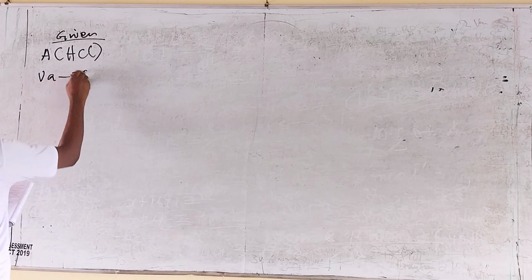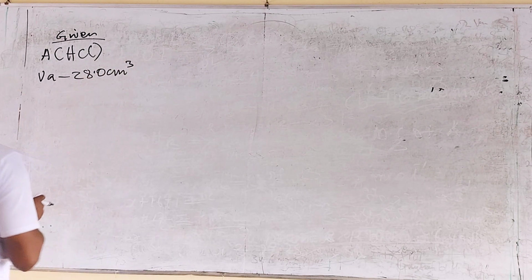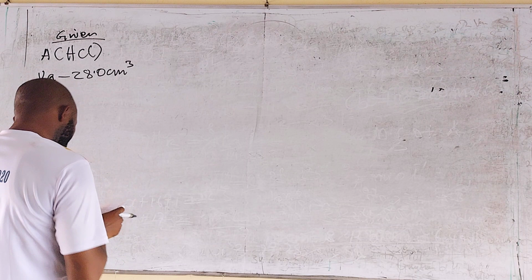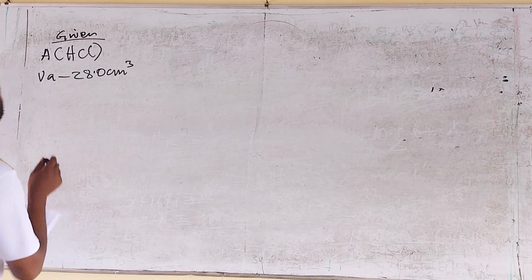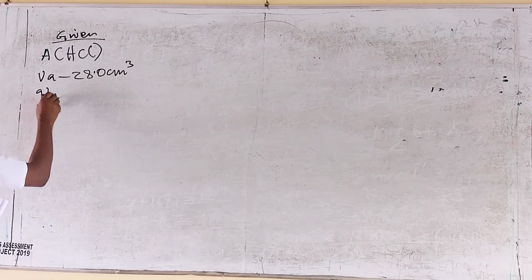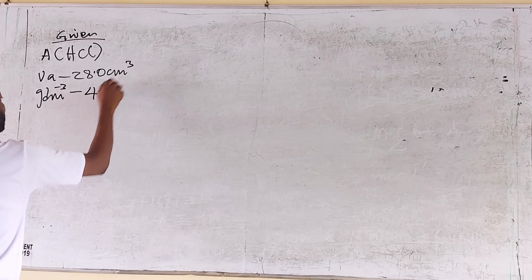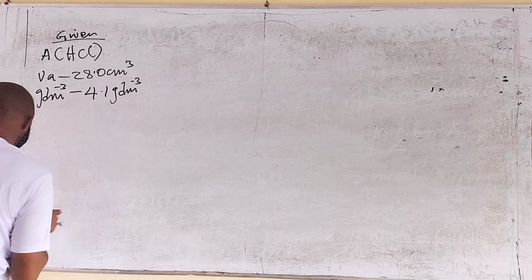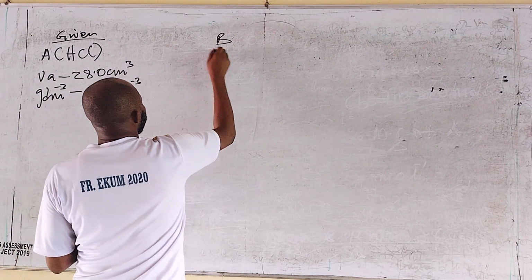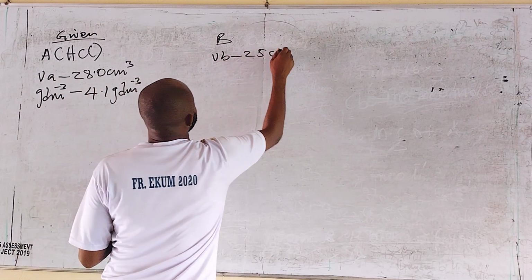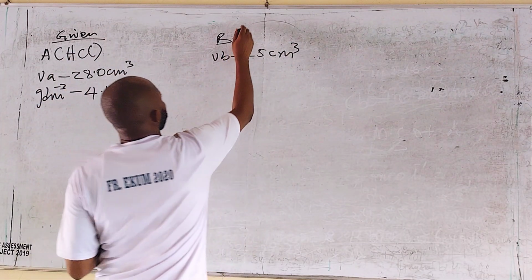Volume of acid is 28.0 cm³ of HCl with a mass concentration of 4.1 g/dm³ of the acid. It neutralizes 25 cm³ of B. Volume of the base is 25 cm³ of an unknown alkali, YOH.